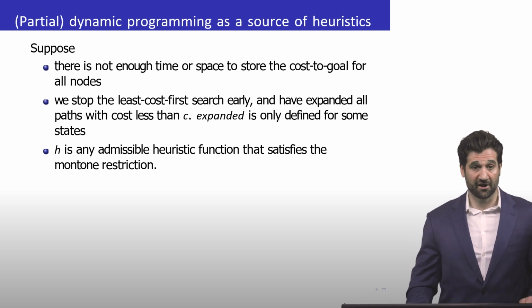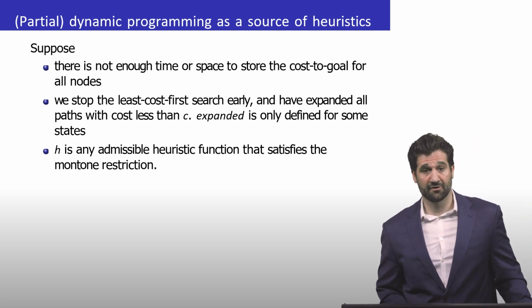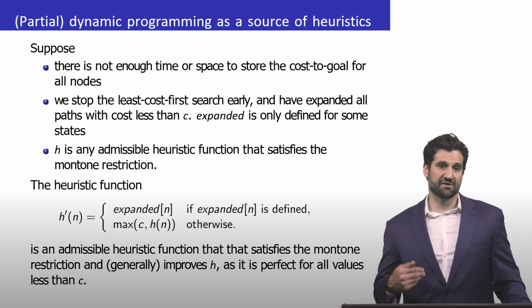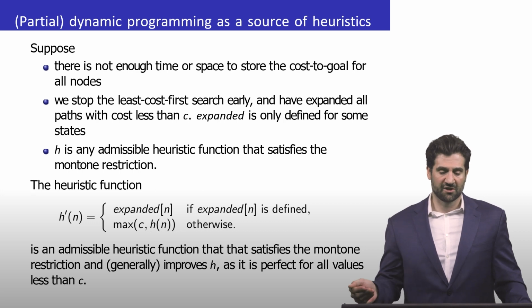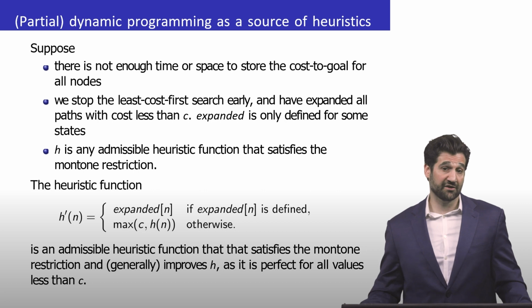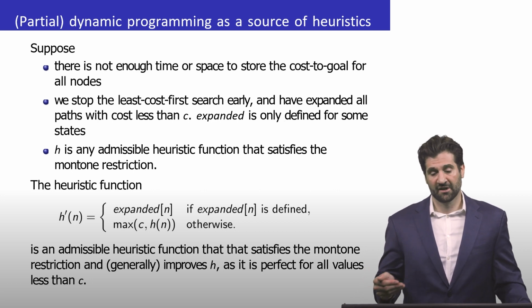Again, we have our handy admissible and monotone heuristic function h, and we use this to define a new heuristic function h prime. If the state is one of the nodes that we allow this expansion for, this more exact computation to the goal, we go ahead and do that.